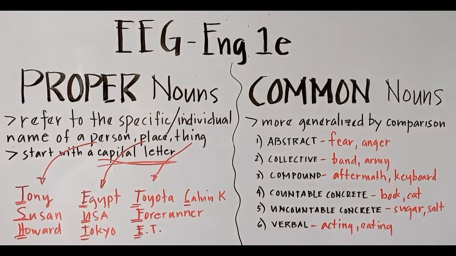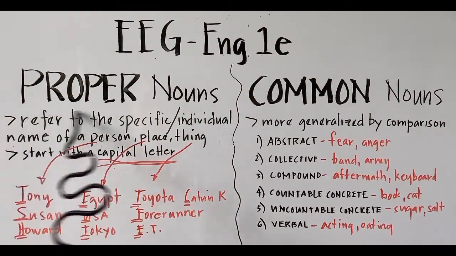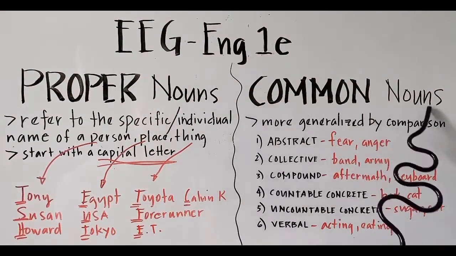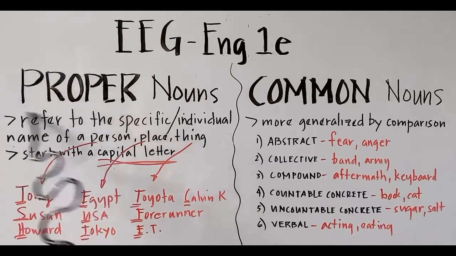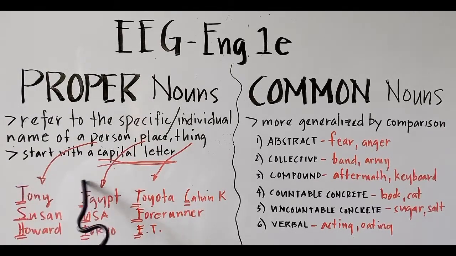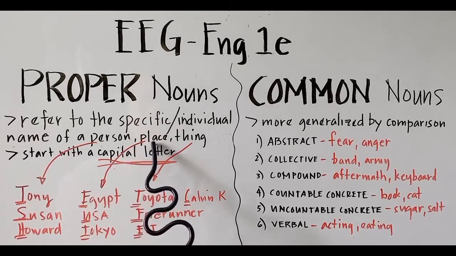Now let's just compare proper nouns from common nouns. Proper nouns all start with capital letters. Tony, Susan, Howard. Names, particular or specific names of persons. Egypt, USA, Tokyo, they are particular names of places.